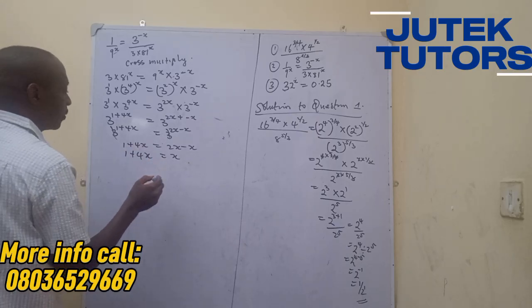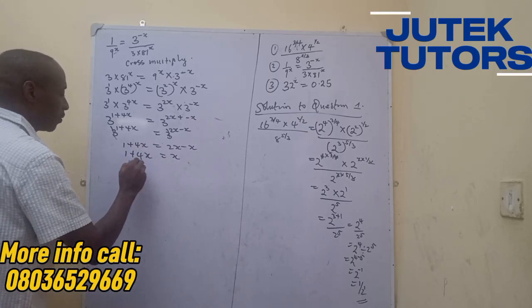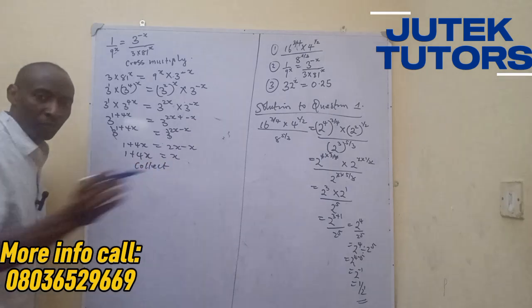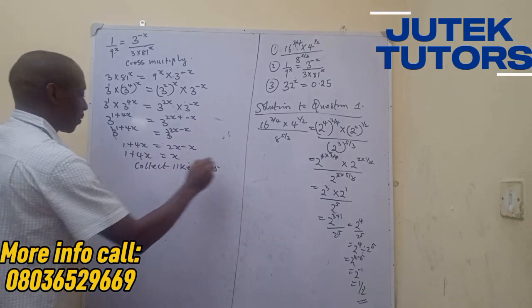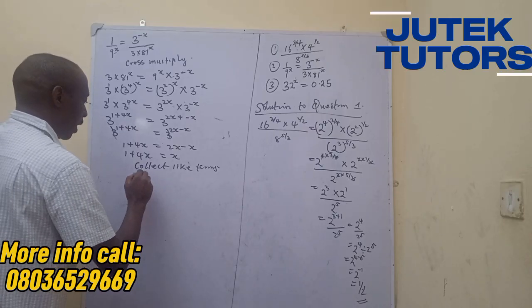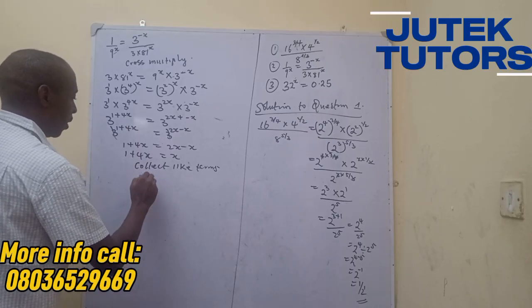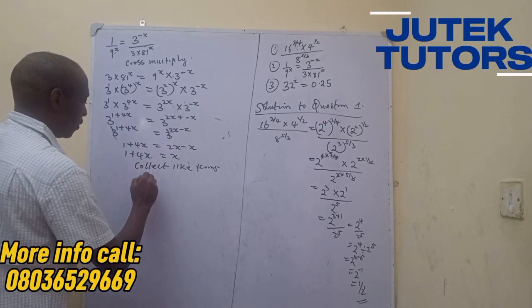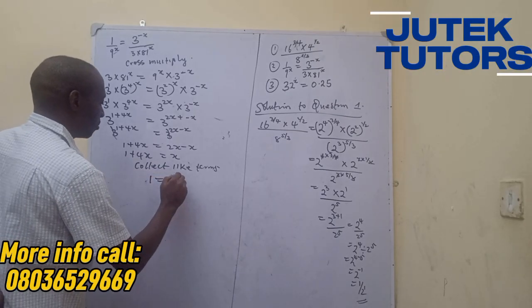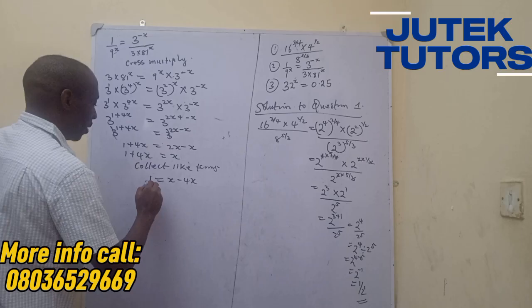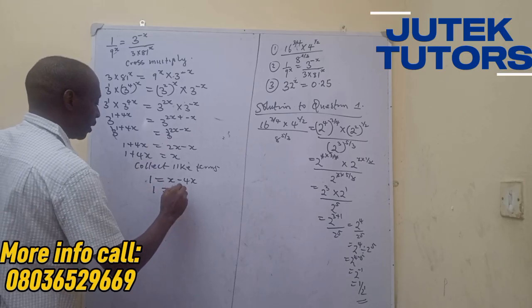So we have 1 plus 4x equals x. Collecting like terms, we have 1 equals x minus 4x, so we have 1 equals minus 3x.